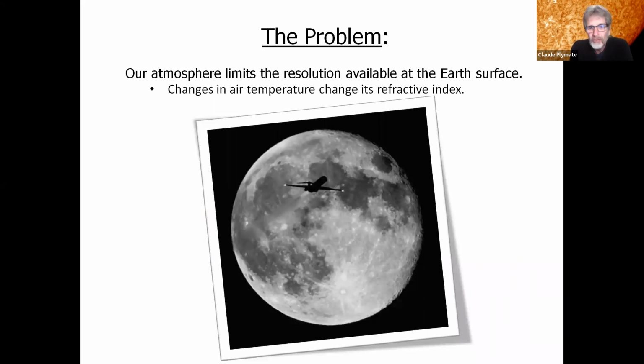Well, our atmosphere limits the resolution we have available here at the Earth's surface, we all know that. And this is due to changes in air temperature, change the refractive index of the air. And that's well illustrated by this picture of the moon with a MD-80, I think it is, flying across the front of it. Now, notice, oh, I have a cat clawing at my leg, excuse me.